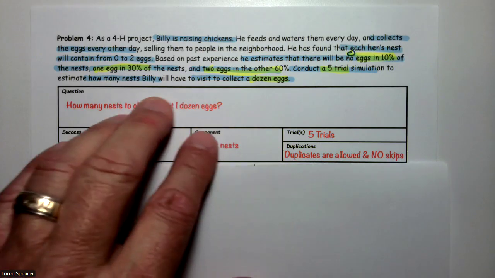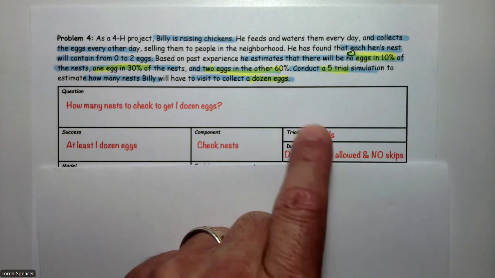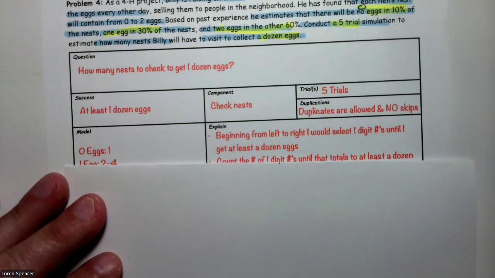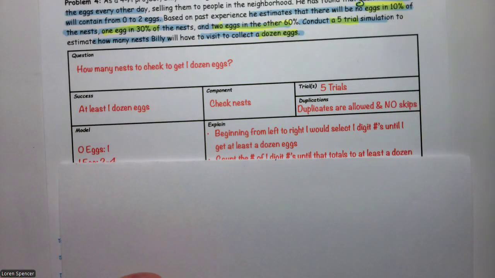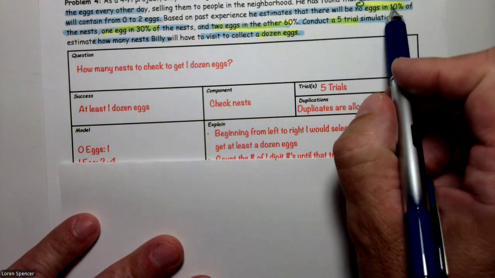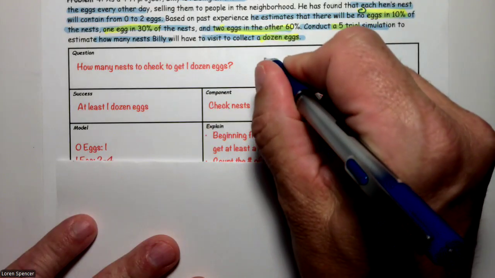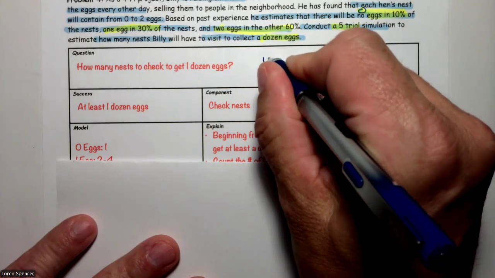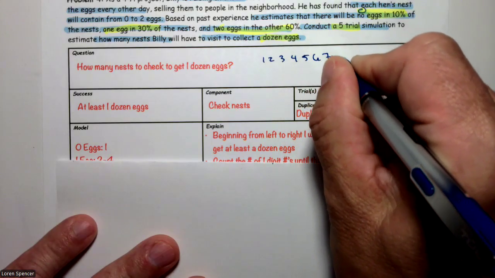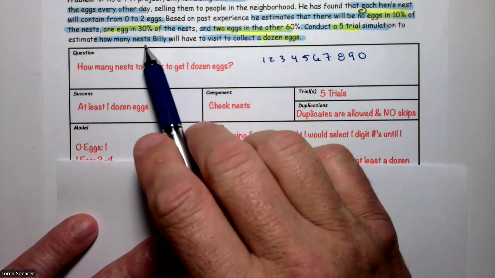And the reason duplicates are permitted is because we're working with percentages. When we look at our numbers, I could do this as 2 digit because those are 2 digit numbers. But remember, my numbers are 1, 2, 3, 4, 5, 6, 7, 8, 9, and 0. All right.